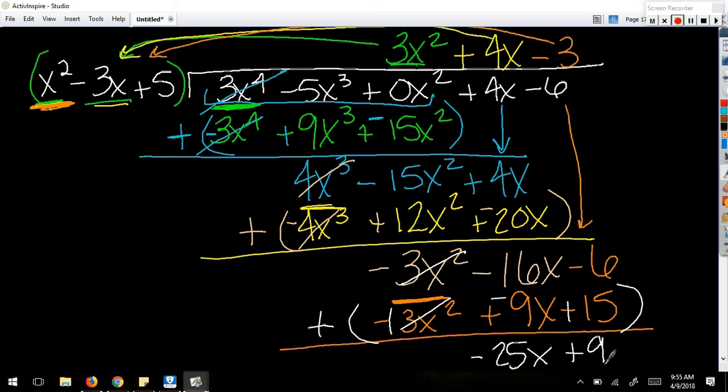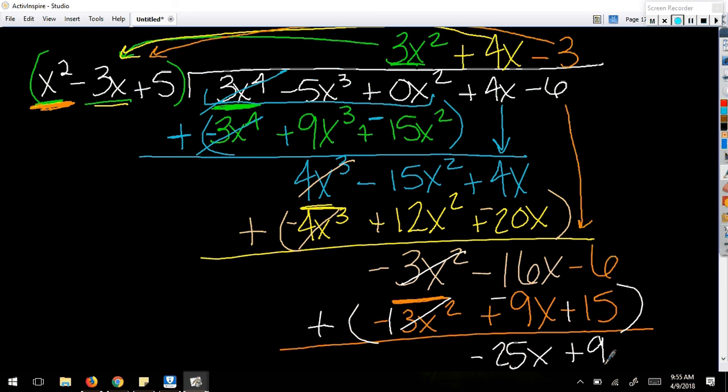There's nothing else for me to bring down, right? Do we all see that? We've exhausted everything. There's nothing I can multiply x squared by to get 25x. So this is the point I'm at with this problem. What is that 3 called? A remainder, right?